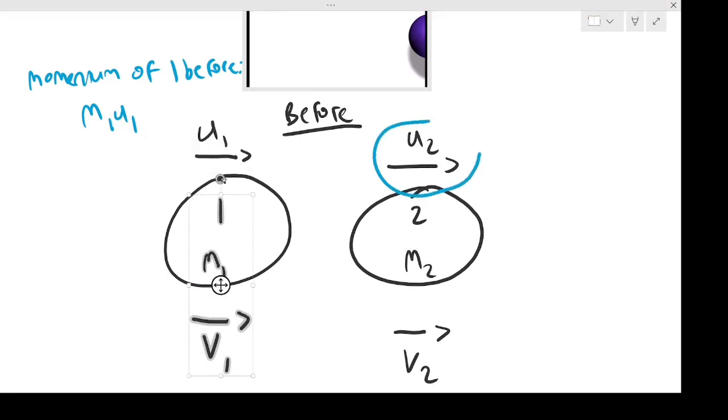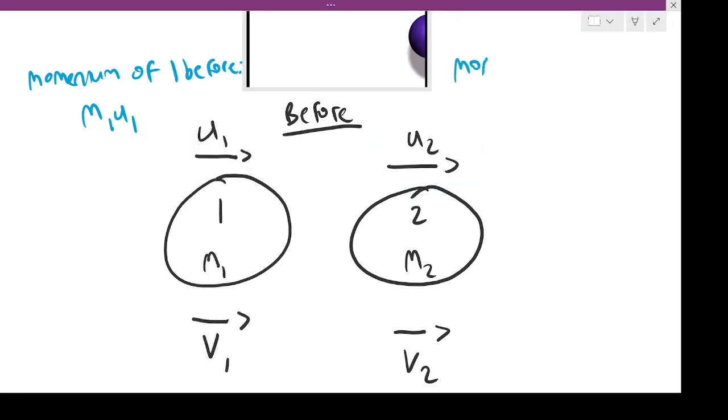Then I'm going to look at the second one before. The momentum of the second ball before: again, the mass now is m2 and the velocity is u2, so we multiply them to get the momentum.